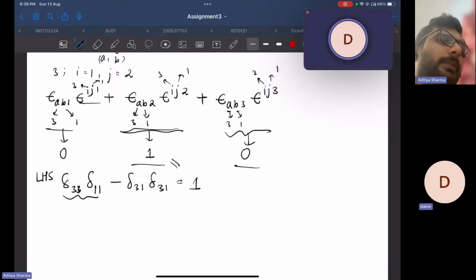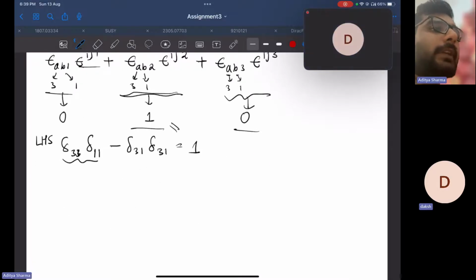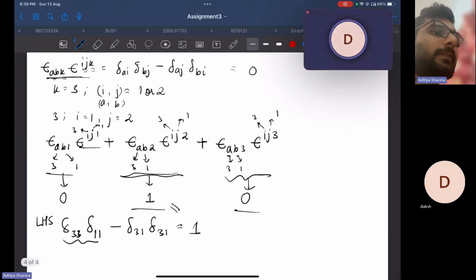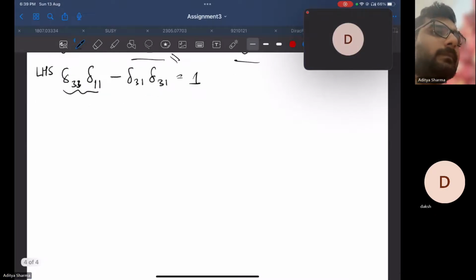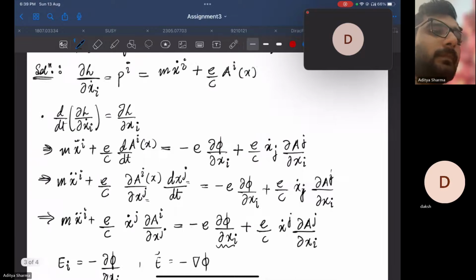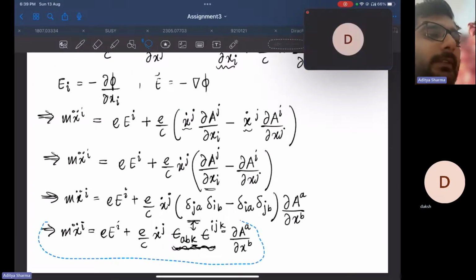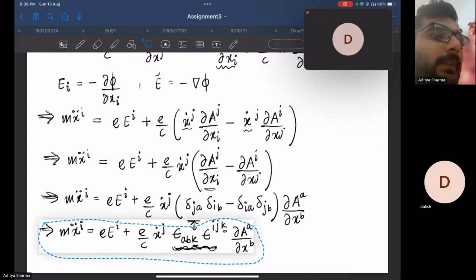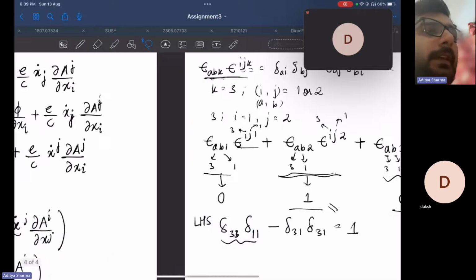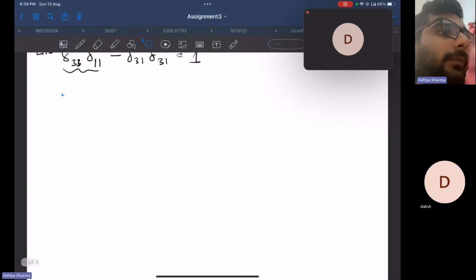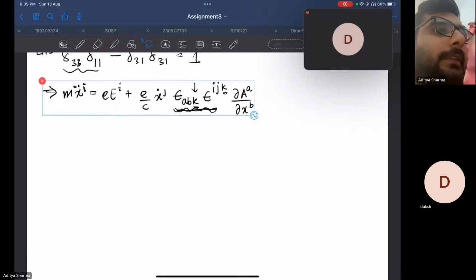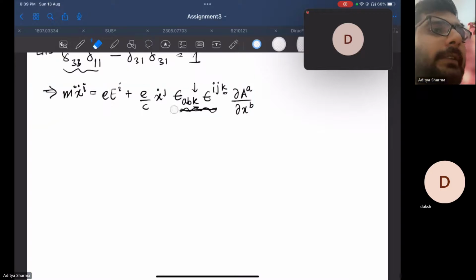This is the way to check. But you can derive this thing also, that this is equal to this. So I'll write this thing like this, and the reason for writing it like that is I want to use some identity of the curl of the vector.